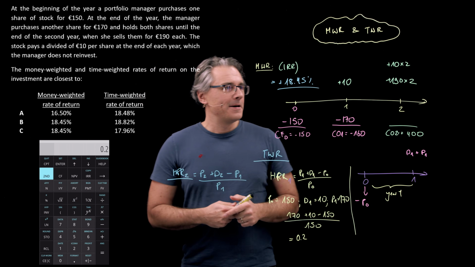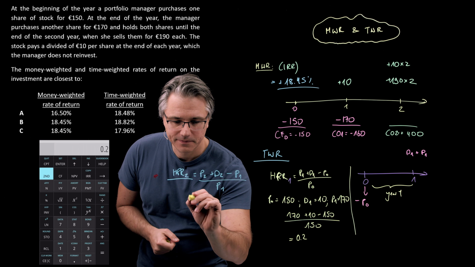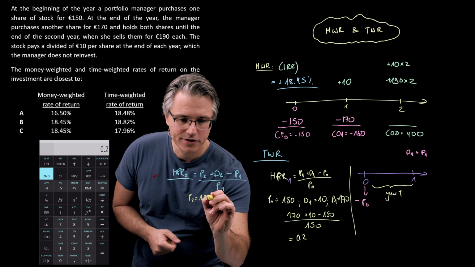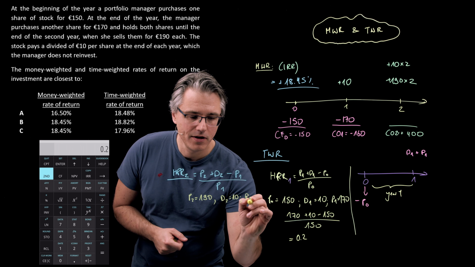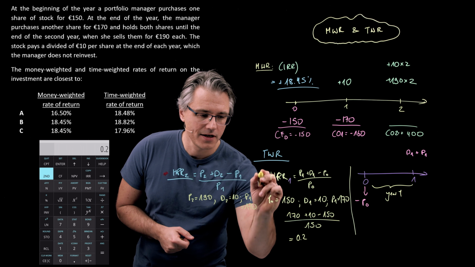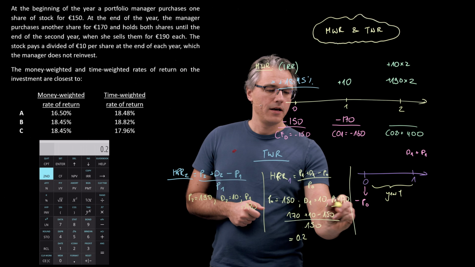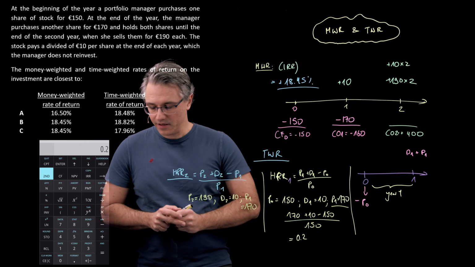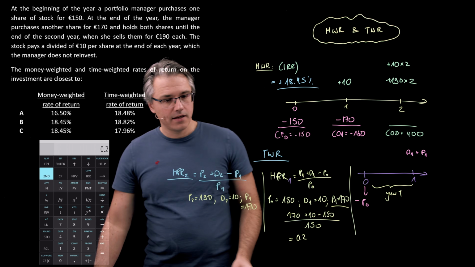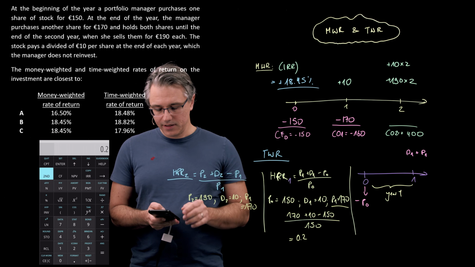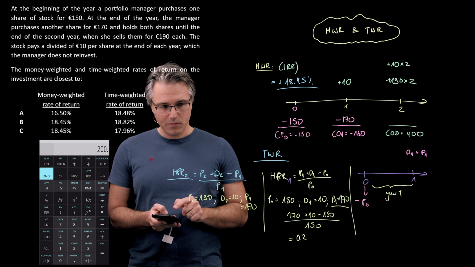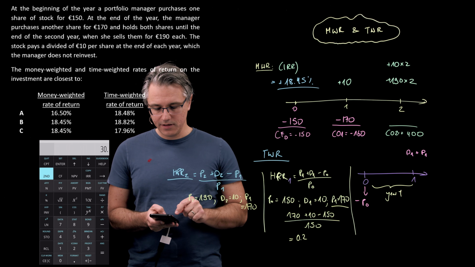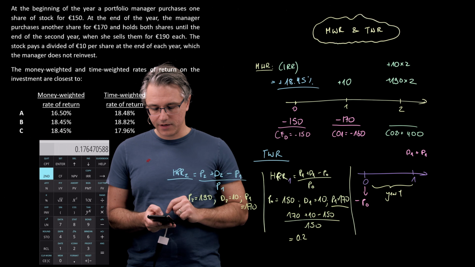So P2 over here was already 190, D2 was 10, and P1 was obviously 170, because it's the same value that we had over here. Now, taking the calculator, inputting this: 190 plus 10 minus 170, divided by 170.